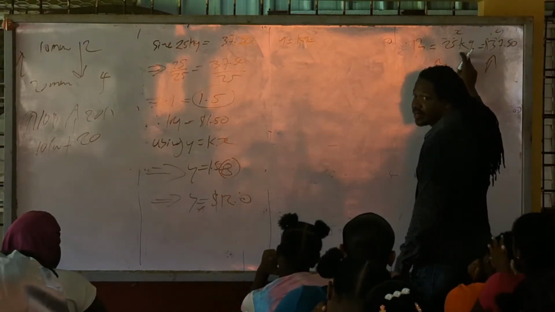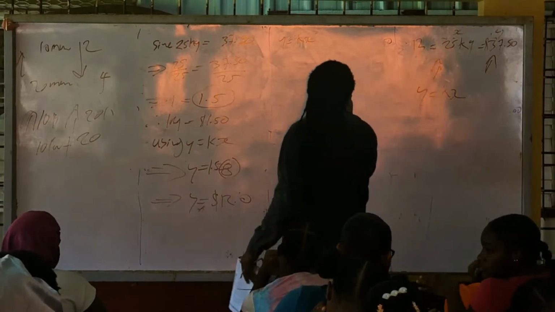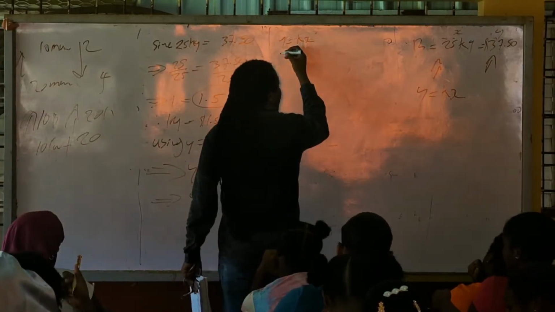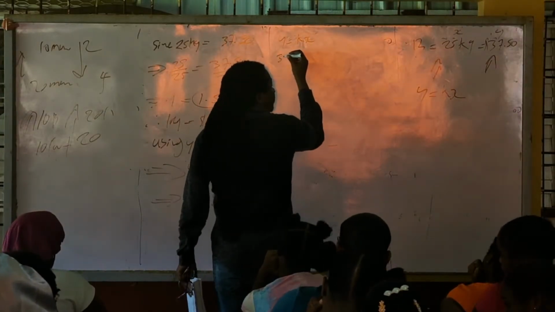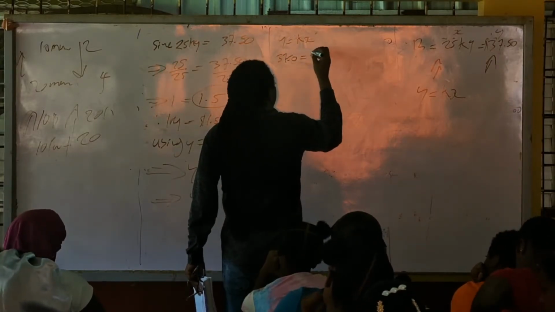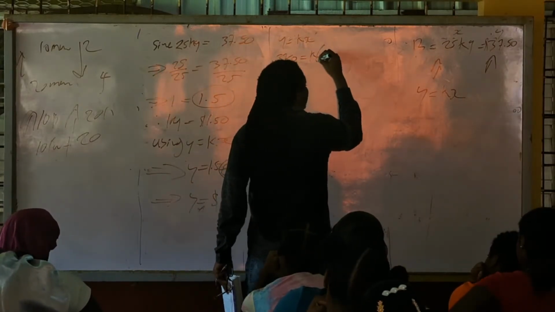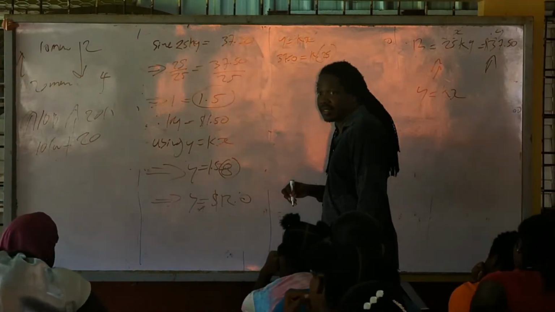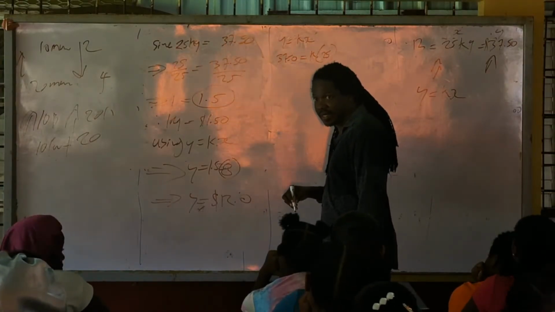So that means that y, $37.50, equals k times 25. So 25k equals $37.50.